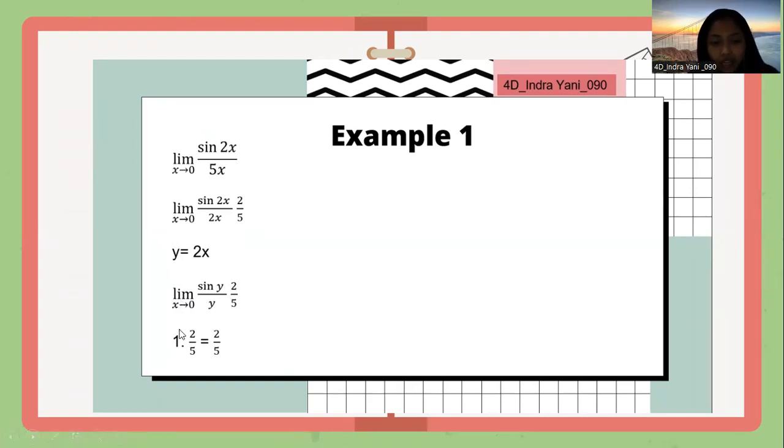In the last step we have 1 multiplied by 2 over 5, and the answer is 2 divided by 5.